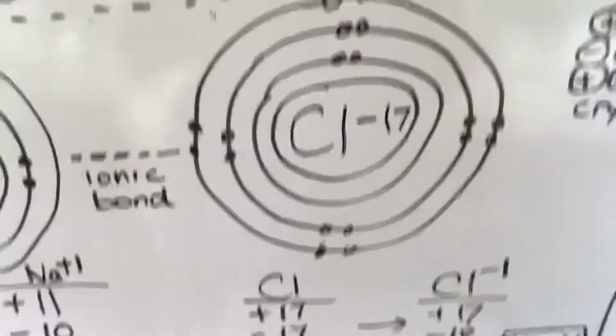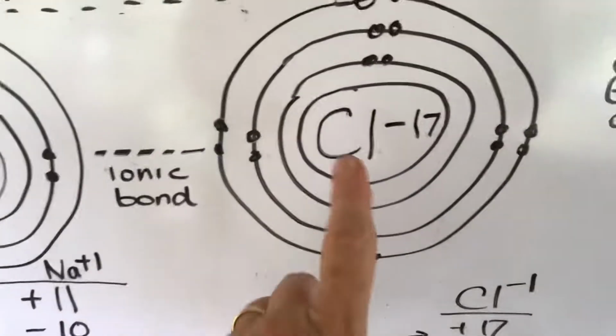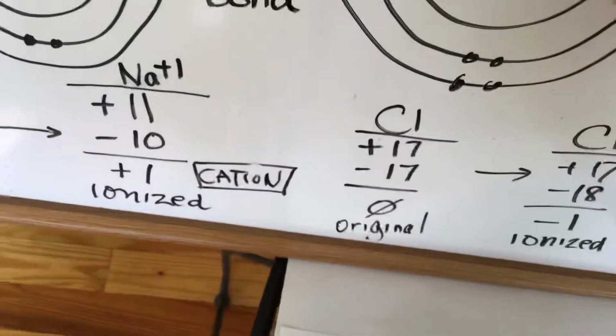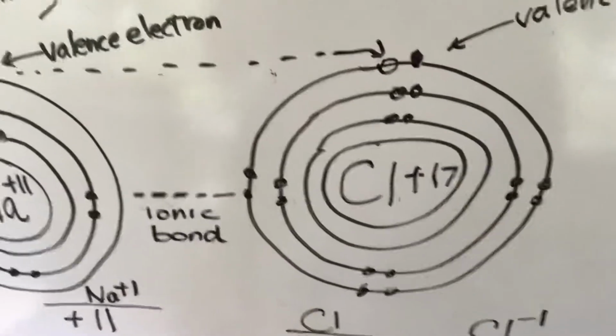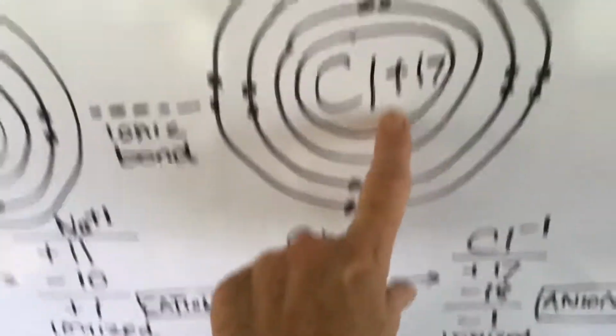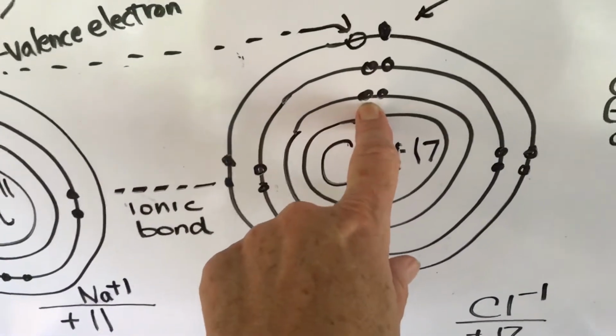Looking at chlorine, which would be next door to that sodium, chlorine has, oops, it should have been plus 17, not negative 17 there. We'll write that in. Sorry. All right, so that should be plus 17. That means it has 17 protons in that central core. In the first energy level, it's going to have 2 electrons, just like always.